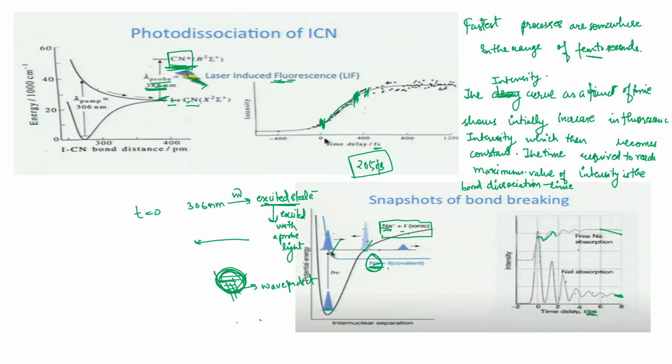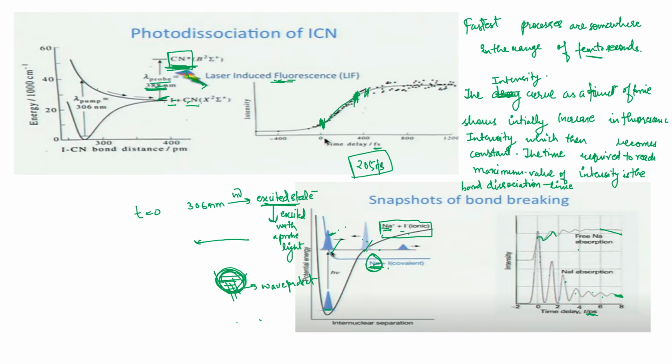Okay. Now when this bond breaking occurs, the absorption of free Na as a function of time is not constant, or just increasing and becoming constant. It is in the form of oscillations, which indicates that during the bond breaking, the wave packet oscillates between two states.